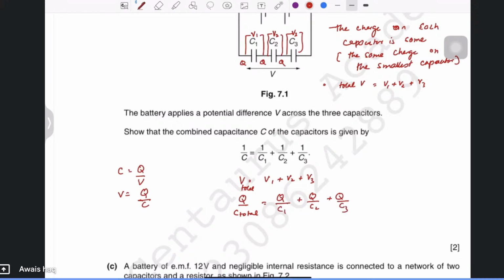Because charge is the same, we're going to cancel this out. So we're left with 1 over C total, found by adding the reciprocals of all the capacitances, like this. This derivation is included, and obviously this will come in your exam as well. It's pretty easy, please don't mess it up.